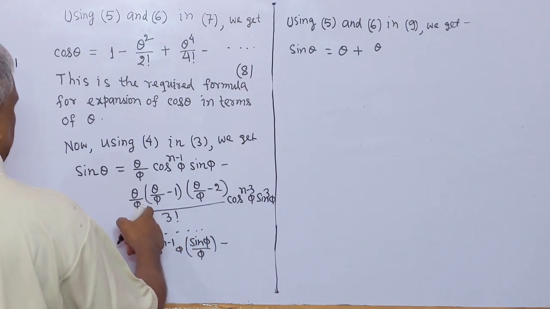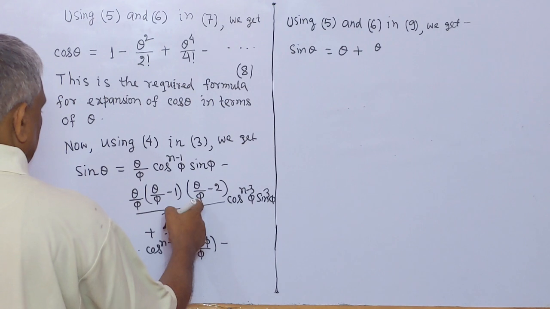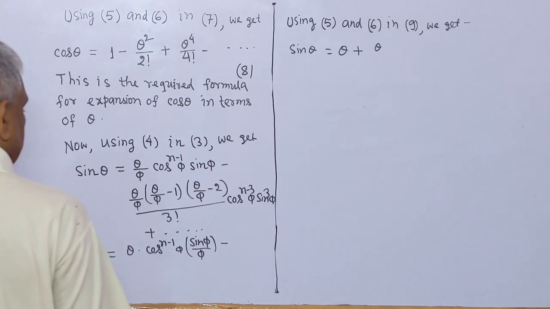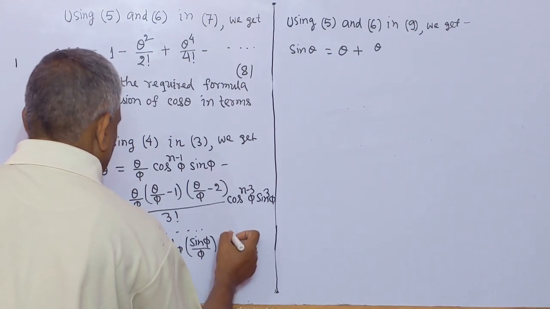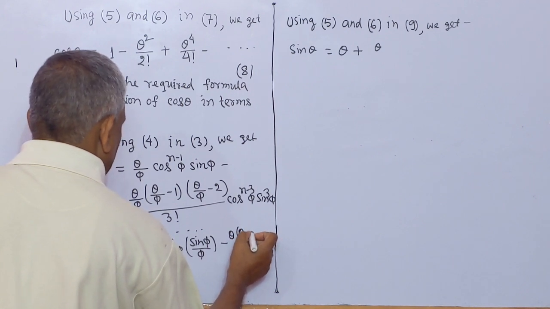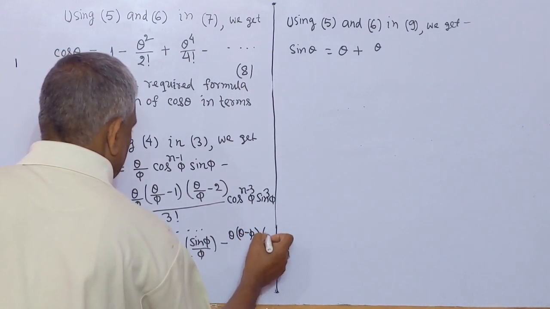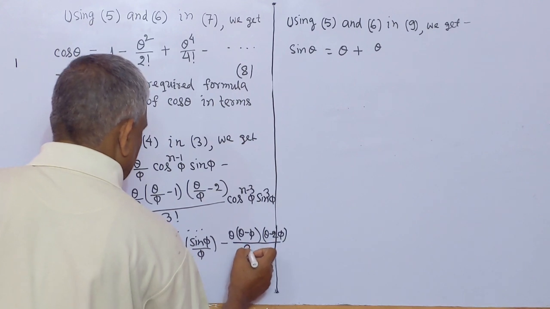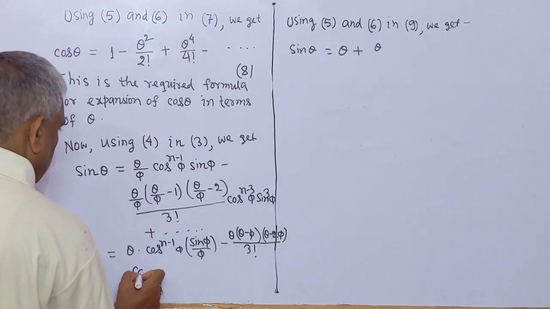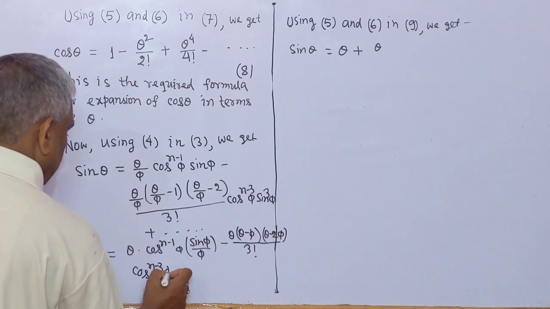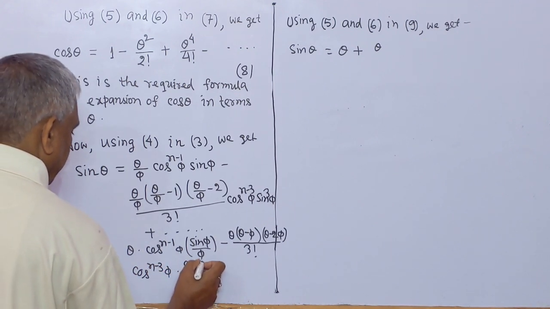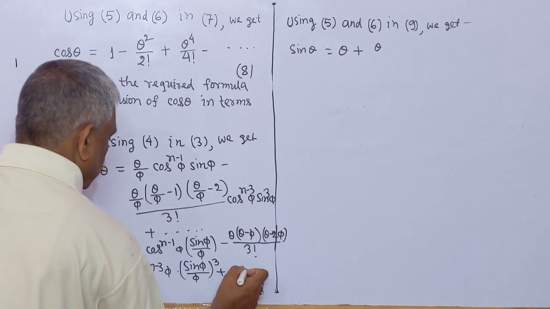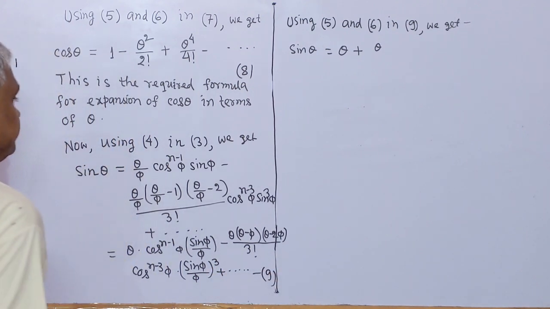Here we have the number of phi, 1, 2, 3, so we write this phi cube under this term, sin cube phi, so we write theta minus phi, theta minus 2 phi by factorial 3, cos to the power n minus 3 phi multiply sin phi by phi whole cube, plus dot dot dot dot. This is number 9.